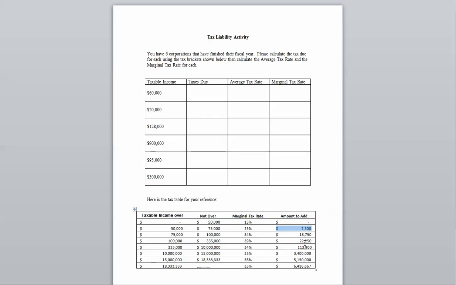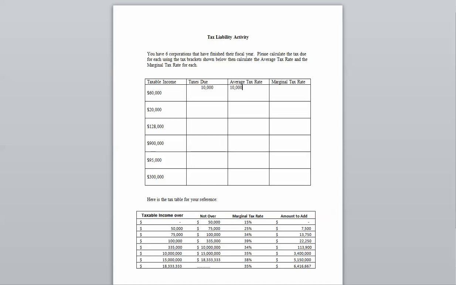So 2,500 plus 7,500 gives us taxes due of 10,000. Next, we have to compute the average tax rate, and all the average tax rate is the taxes due.